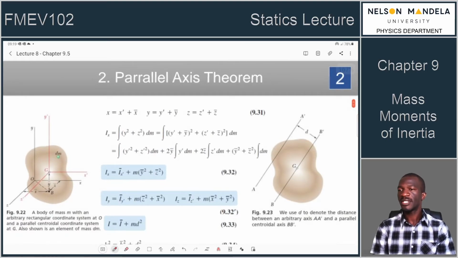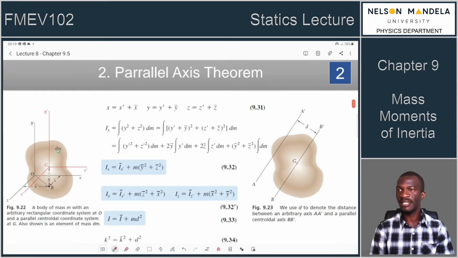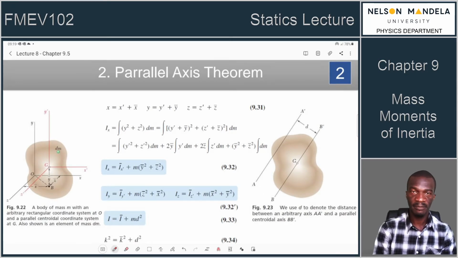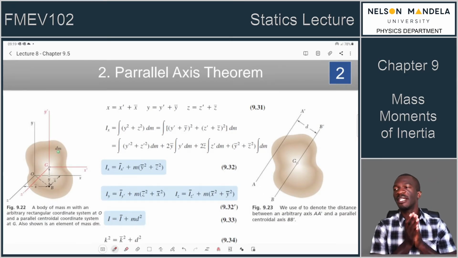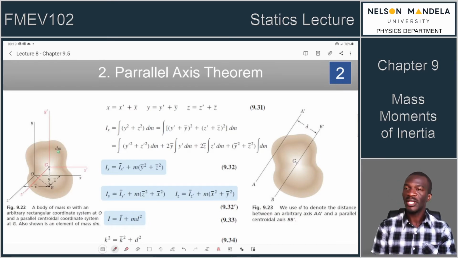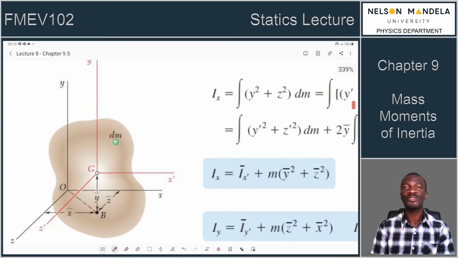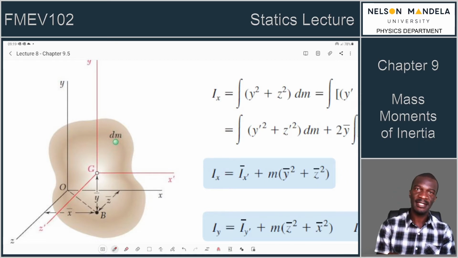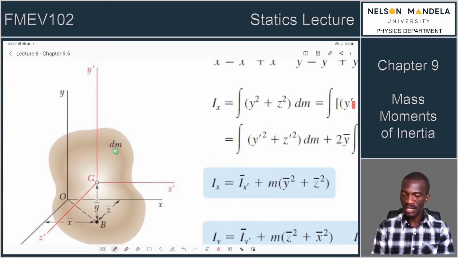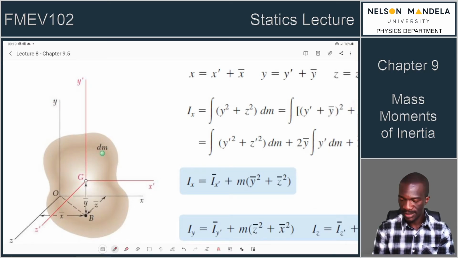The second concept we will extend to the mass moment regime is the parallel axis theorem. We already knew it before. In terms of areas, we needed to first draw some centroidal axis, because the parallel axis theorem always relates the moment of inertia of some area to the centroidal moment of inertia plus Ad squared.